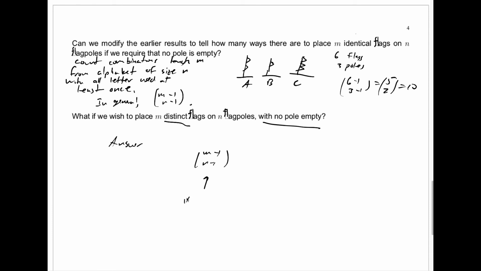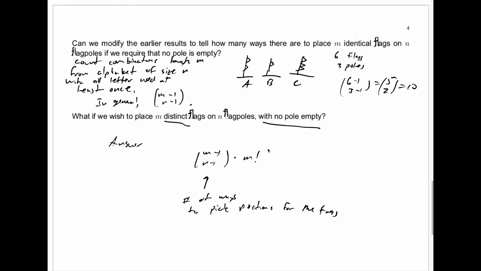This is the number of ways to place the identical flags, which we can think of as the number of ways to pick positions for the flags. And then we still have to multiply by m factorial, because once we have those positions, we still have to pick which is flag number 1, flag number 2, 3, 4, 5, and 6, or there are 6 factorial ways to do that.